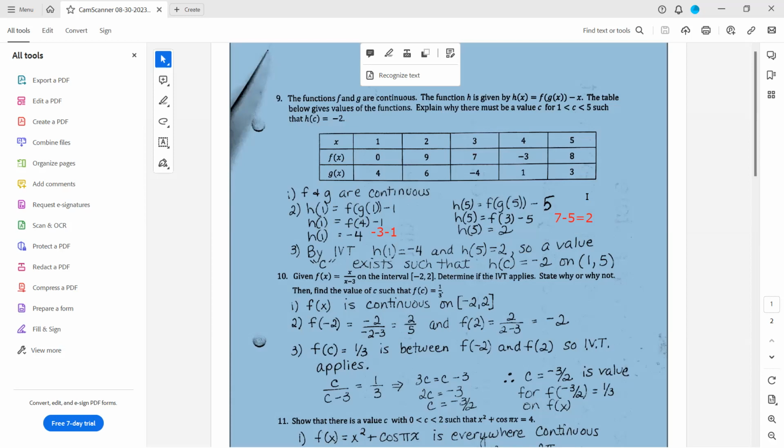Now, h of 1, we don't know what this function looks like. I mean, we could graph them all, but we really don't know what this looks like, right? But we do know, picking up from some of the last exercises last night, that h of 1 is negative, h of 5 is positive, right?